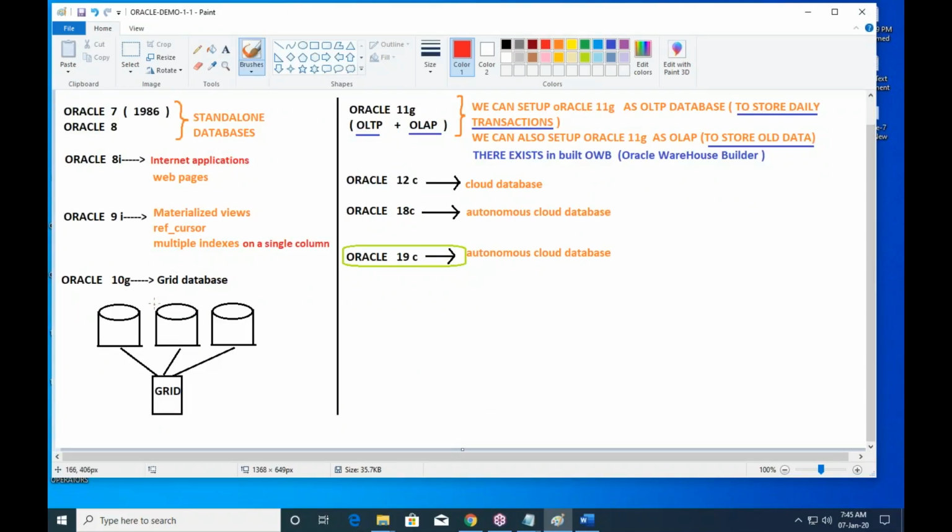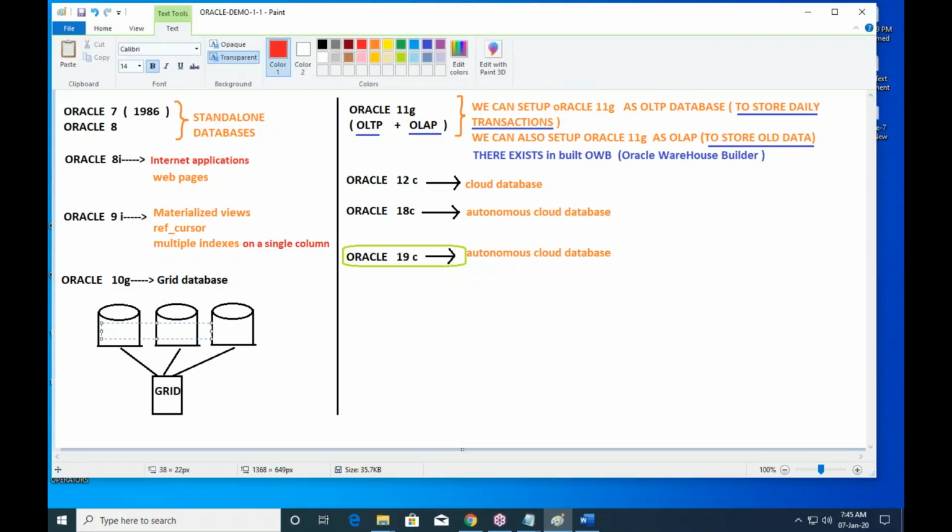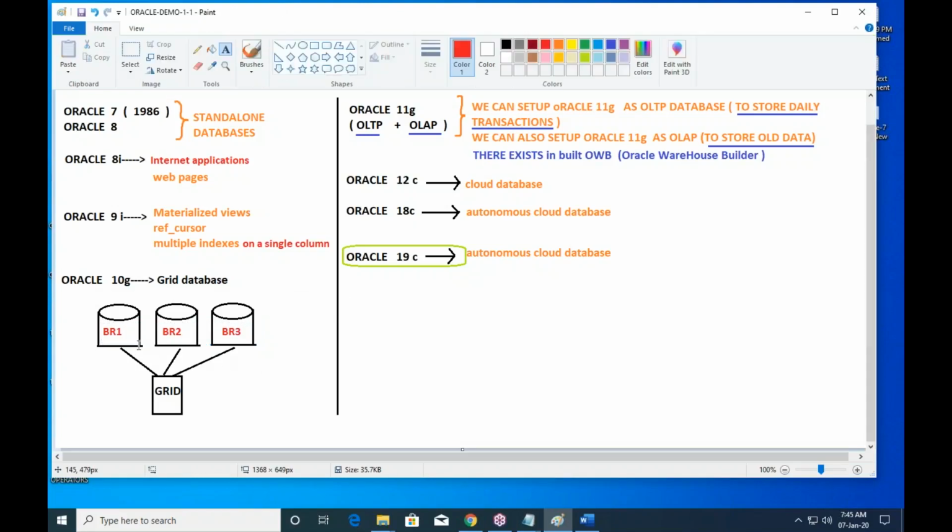Here, there is a business that has branches. For each branch, we should maintain a database server: for branch 1, branch 2, and also branch 3. All these branch database servers, who will manage them?